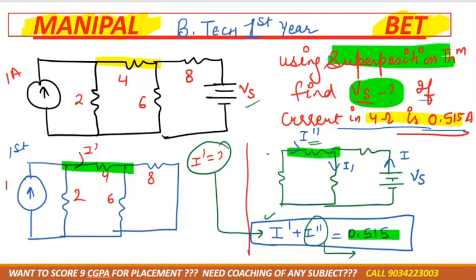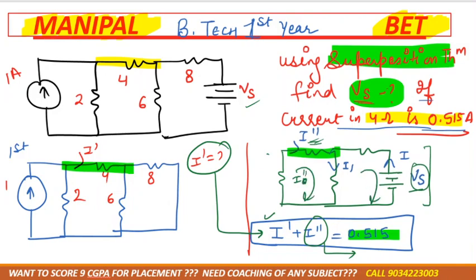Yes, if you know I double dash, by using the current division rule you can directly get the voltage, or you can use mesh analysis again, because now you'll have only a single variable, that is Vs. Now in this case Vs is, no, sorry, two variables. One is I double dash, right?